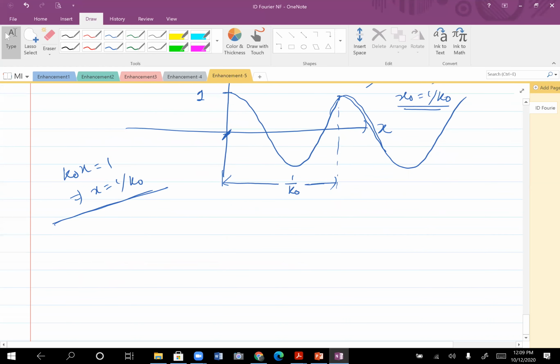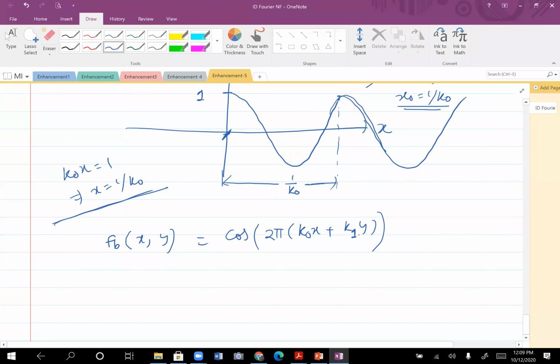Now let's go back to 2D. Let's call this f of x comma y, which is cos of 2 pi into k x into x plus k y into y. Sorry, I was repeating the same mistake, so let me call them k naught and k1.